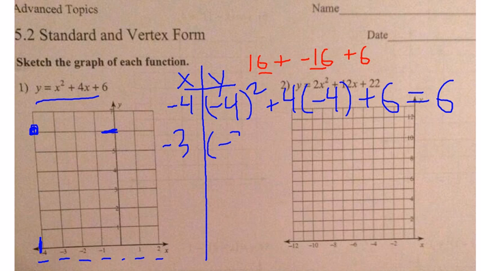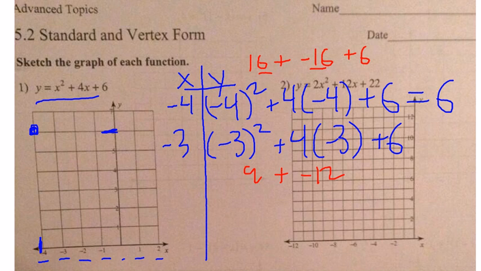So now instead of -4, I'm going to plug in -3 for x. So I'm doing -3 squared. Well, that's 9. 4 times -3, that's -12. So I've got 9 plus -12 plus 6.